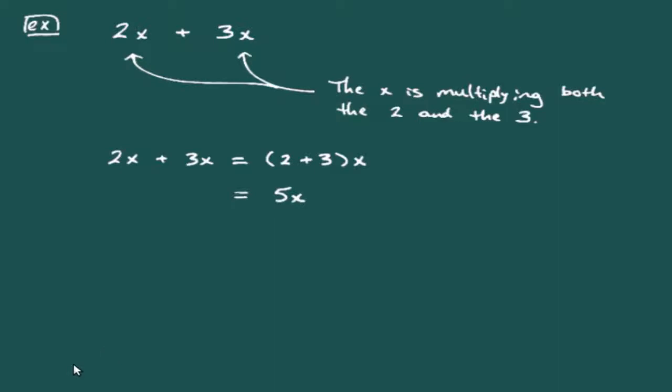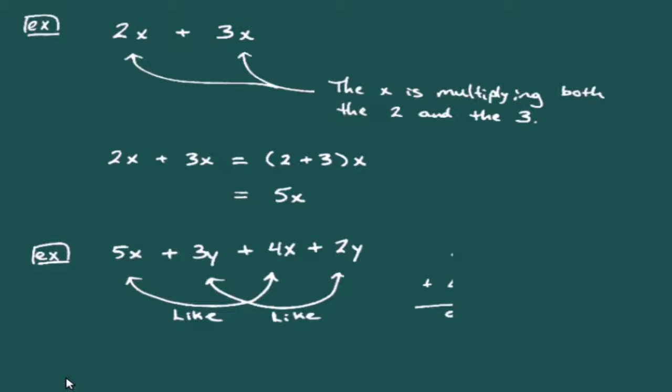Now, in a similar example, suppose that we had something like 5x plus 3y and 4x plus 2y. Well, we've got like terms here in the 5x and the 4x and the 3y and the 2y. And so how we can really think about putting those together, we can think about doing something like a traditional stacked representation where we've got our 5x plus our 3y plus our 4x plus our 2y.